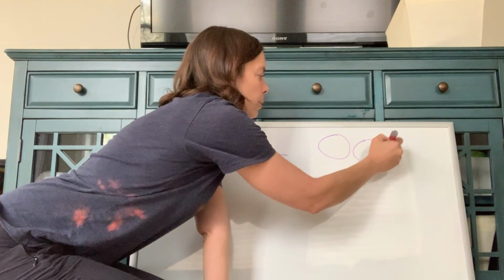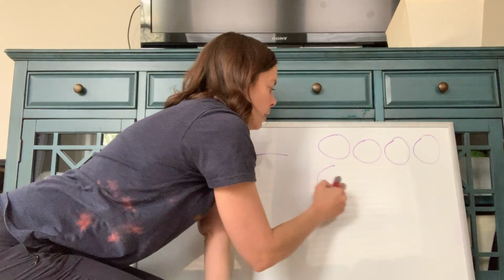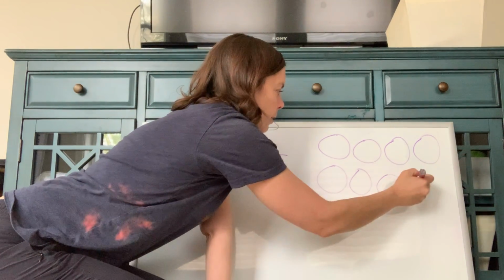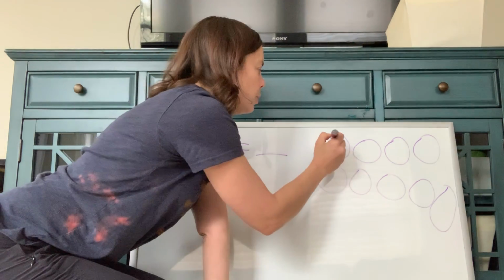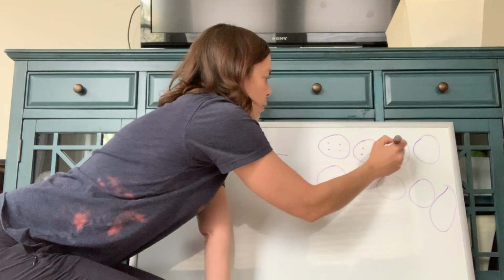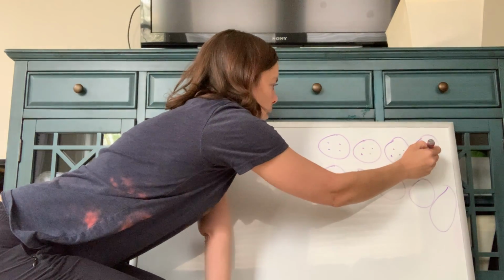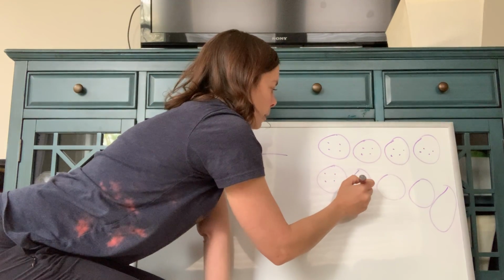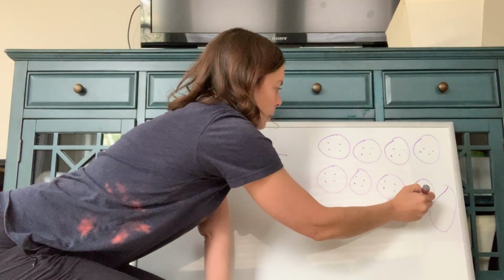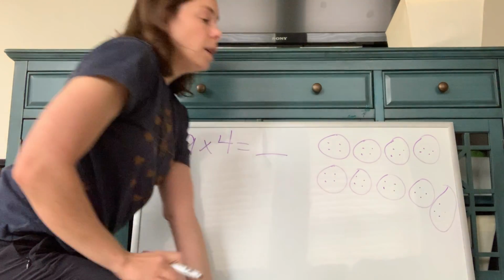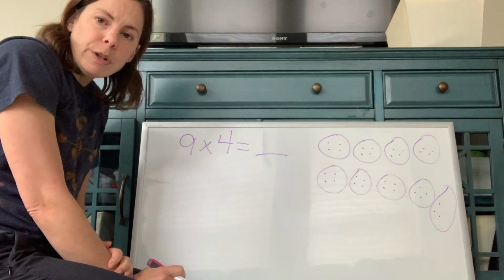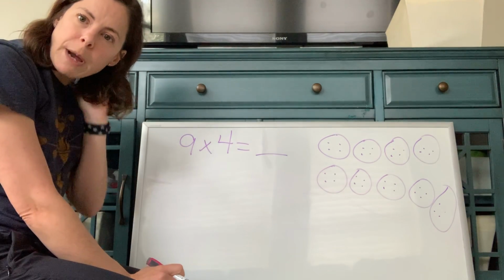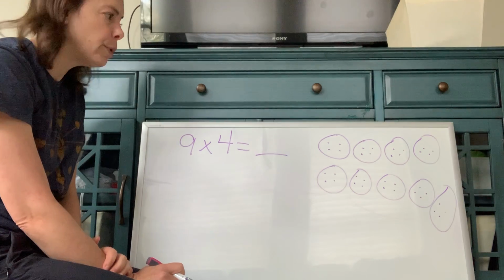1, 2, 3, 4, 5, 6, 7, 8, 9. And how many in each? 4. So you now have to count by 4s 9 times. And you might want to use your 100 chart I gave you in your packet before Pesach break.